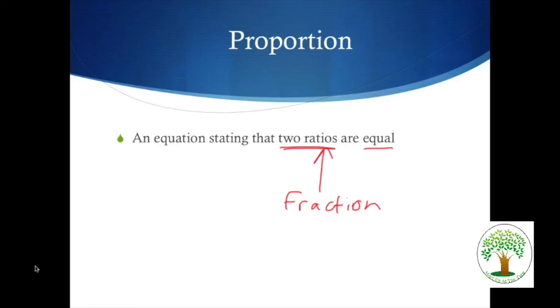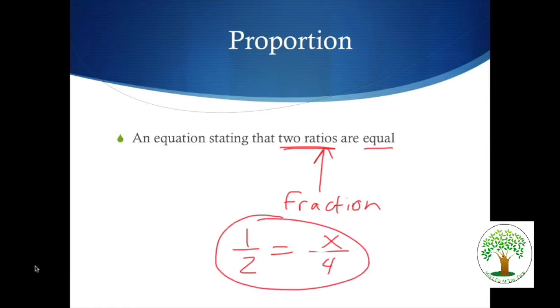So if I said 1/2 equals, I'm starting off, this is part of my equation, I could write 2/4. That would be a proportion. You're also going to see some proportions with variables in them. So instead of a 2 at the top there, you might have a variable x. So we're going to learn how to solve those today. Okay? So a proportion is just 2 fractions that are equal to each other.